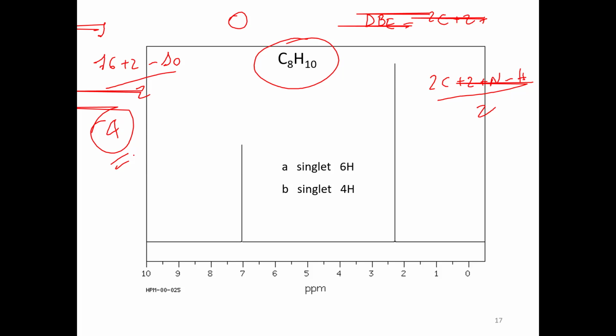And you need to place the ring. So you know that you have something like that. And then you need to place substituents around. What makes this one so symmetrical? This one is one singlet, two groups which are exactly the same here.